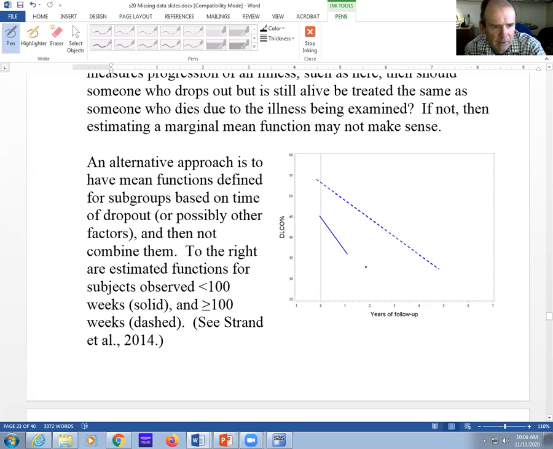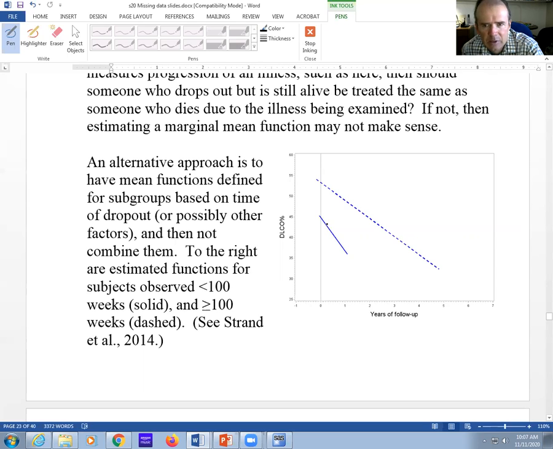But down here, when these subjects are no longer contributing, should there really be an average out there? That's just more of a discussion point. But if you don't want to have a marginal mean, you could actually just report these two separate functions.